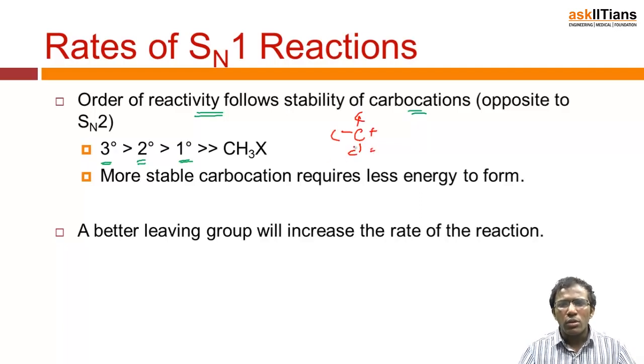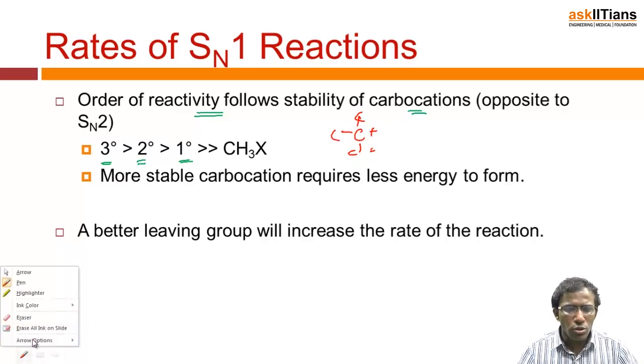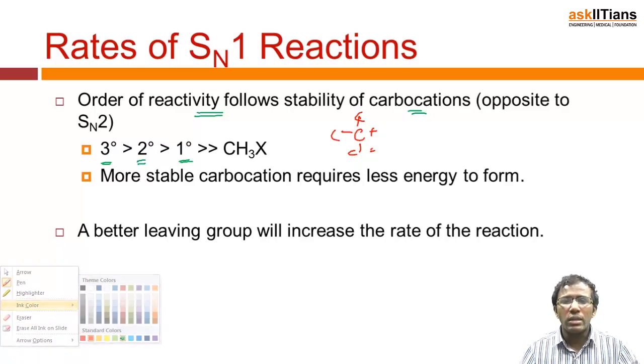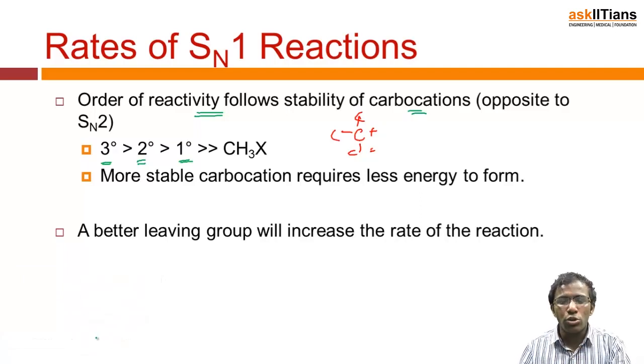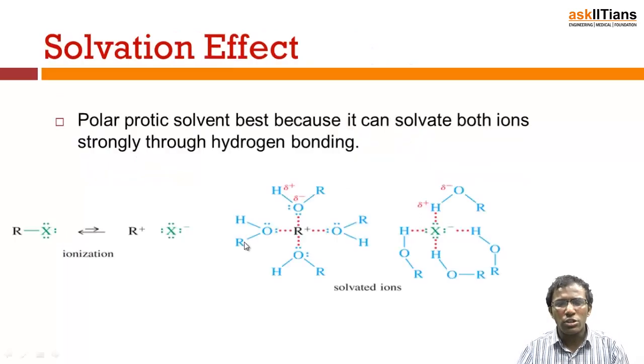So which one is going to show more reactivity towards SN1 depends upon the attached halogen. If it is iodine, then it is a better leaving group, so this bond will be easily broken and this carbocation will be easily formed, right? So a better leaving group also increases the rate of reaction.